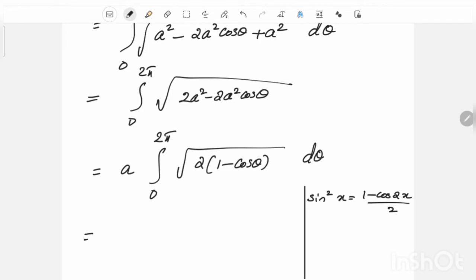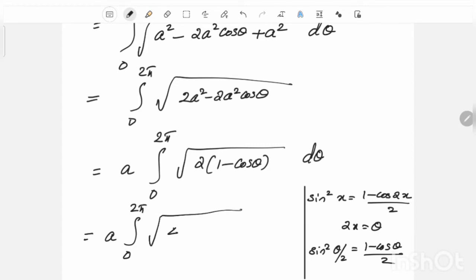If we substitute 2x is equal to theta, we have sin square theta by 2 is equal to (1 minus cos theta) by 2. Now we are replacing 1 minus cos theta by 2 sin square theta by 2. That is, this becomes the integral from 0 to 2 pi of square root of 4 sin square theta by 2 d theta.